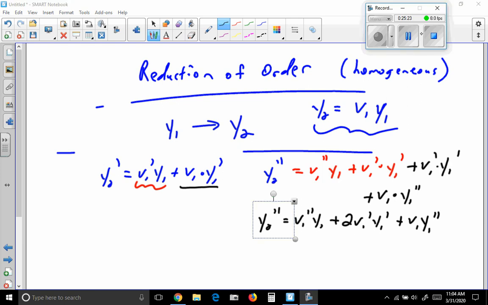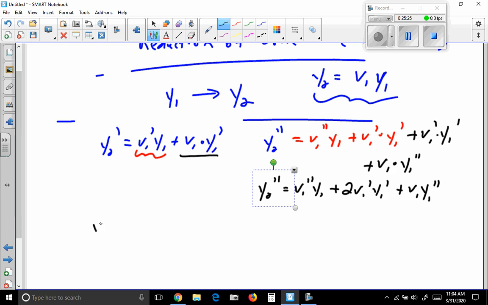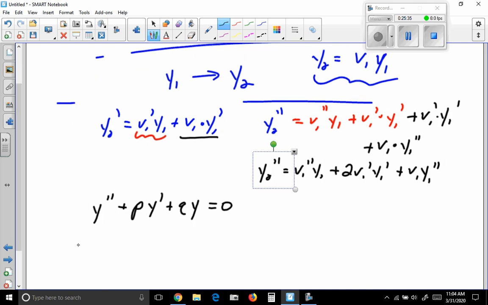So if our general differential equation is y double prime plus p y prime plus q y equals 0, then we can substitute in v1 double prime y1 plus 2 v1 prime y1 prime plus v1 y1 double prime.